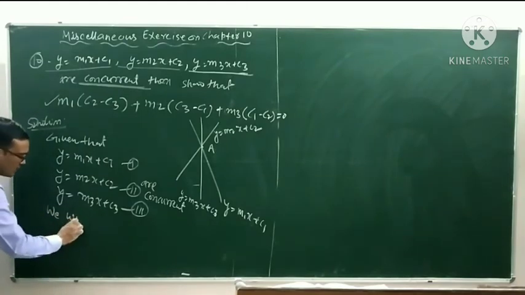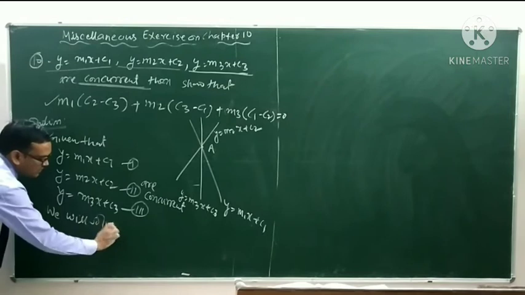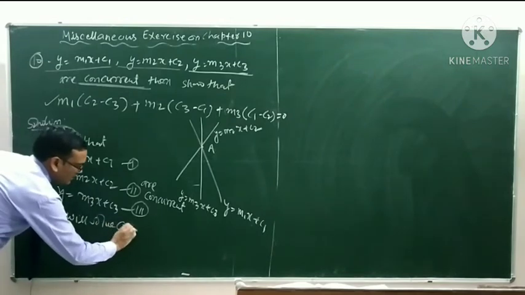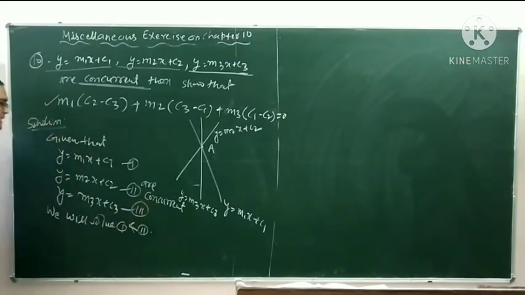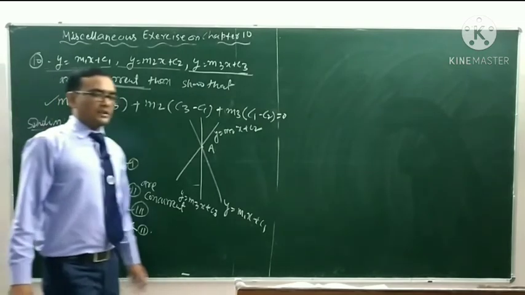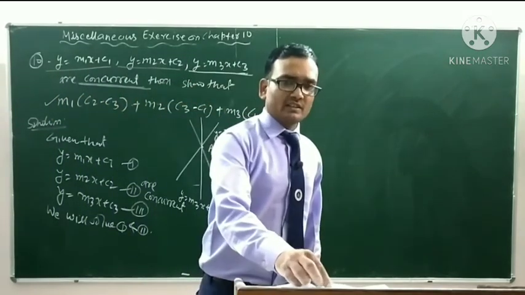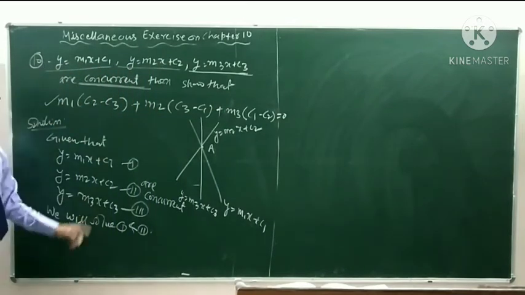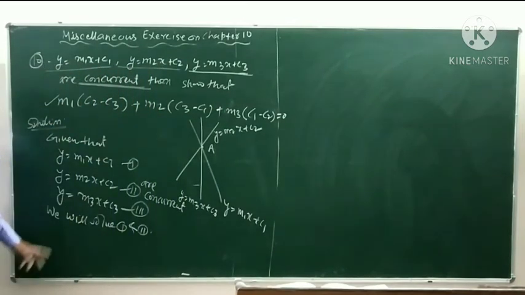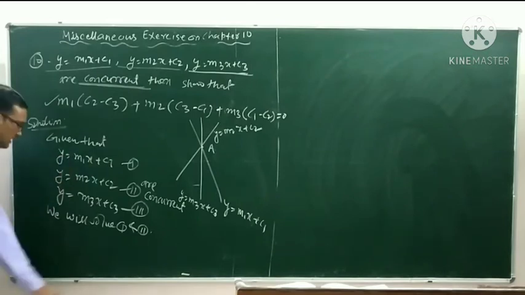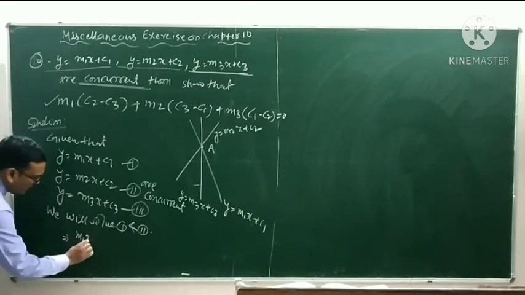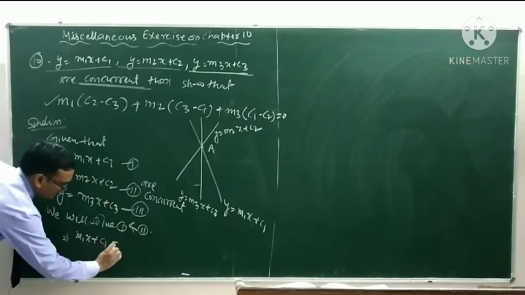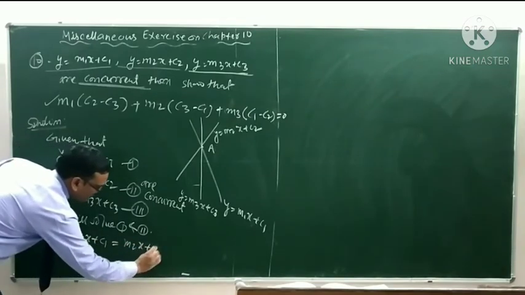We will solve 1 and 2. Here we observe that y equal to m1x plus c1, y equal to m2x plus c2, both are equal. That means m1x plus c1 equal to m2x plus c2.